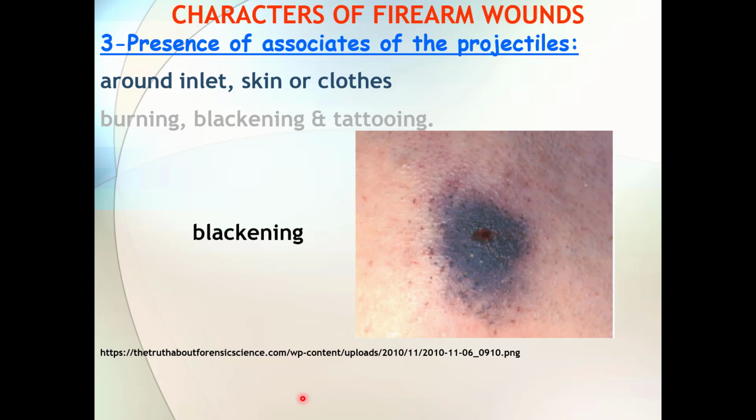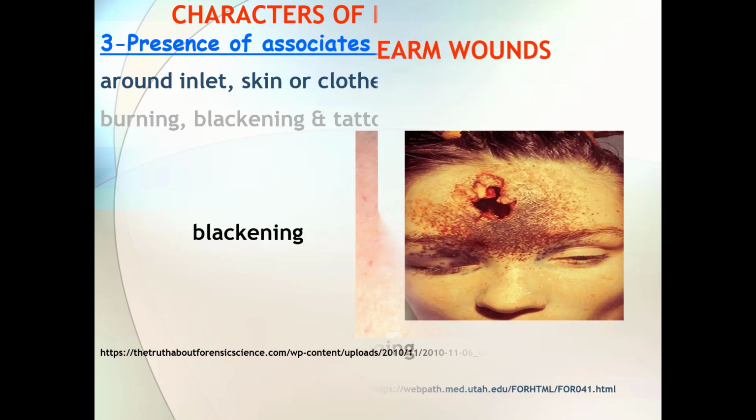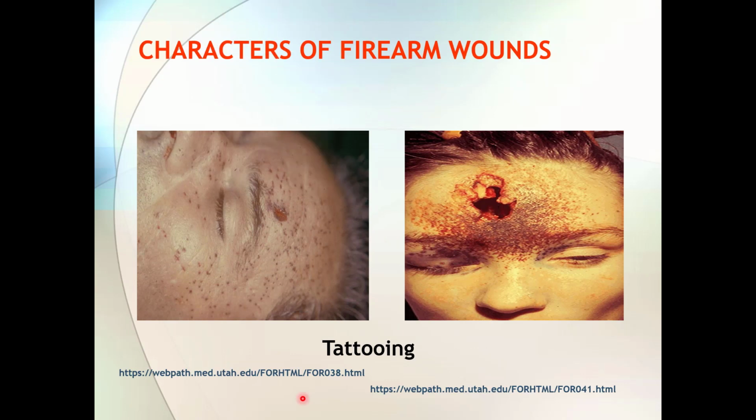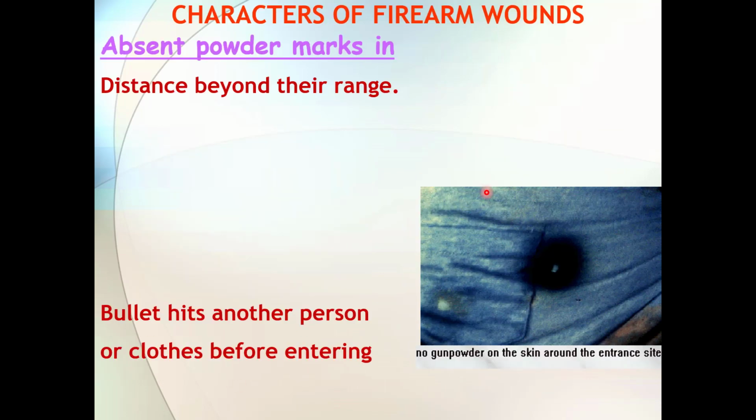This burning, blackening, tattooing may be found on the skin and clothes, but sometimes we find absence of tattooing or absence of burning or blackening, which may be found at a distance beyond their range, because with far-firing bullets there is no presence of associates of the projectile. Also, if the bullet hits another person, the associates are present in the first inlet, not in the second.